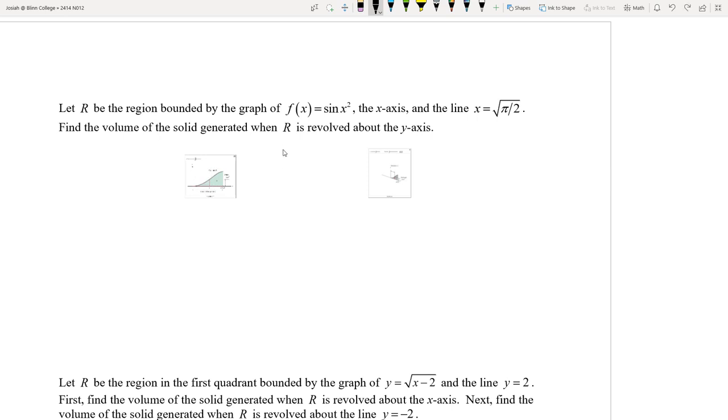So definitely two aspects that are forcing us to keep things in terms of x here. So what we're going to have to do then is set up a shell method problem. All right, so if we just look at what's going on here, I'm just going to bulk it up a little bit.